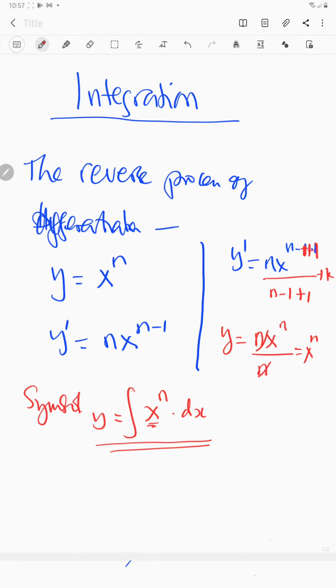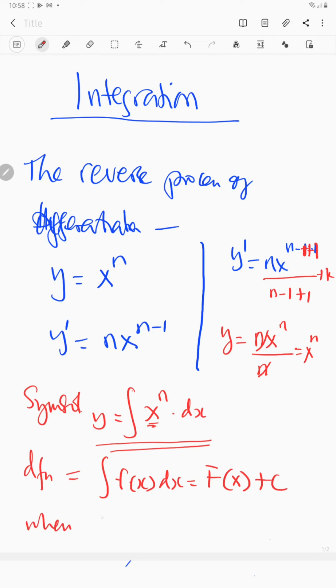So we can say the definition of an integration is the integral of f of x dx is equal to capital F of x plus c. This is the definition of integral when F prime x is equal to f of x.